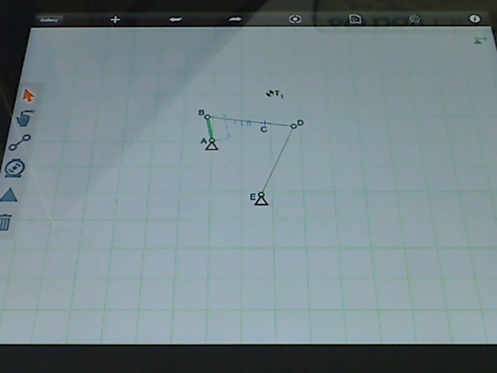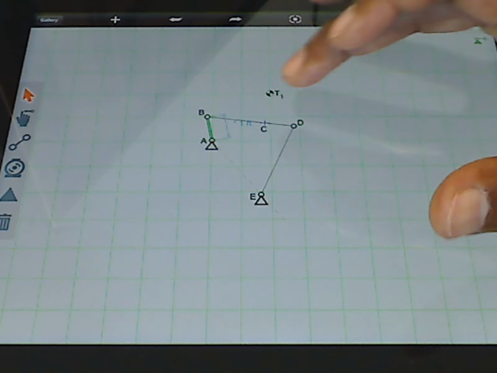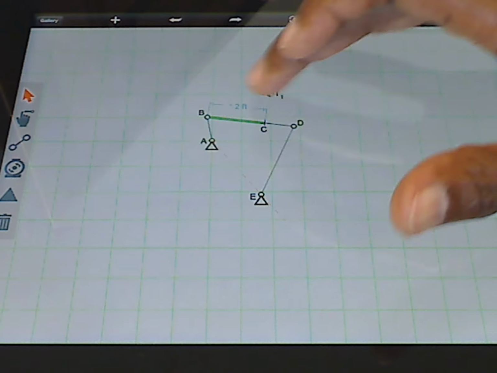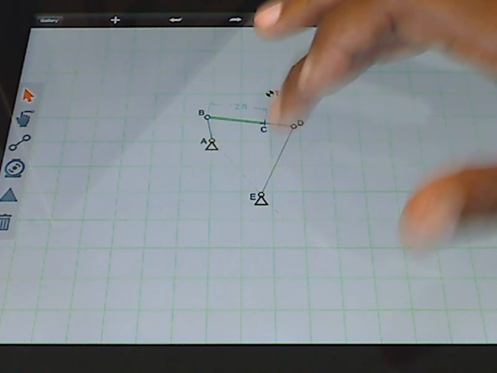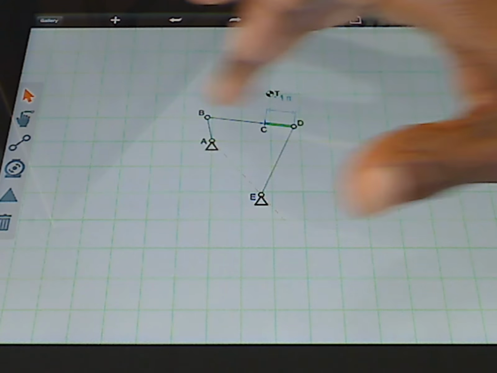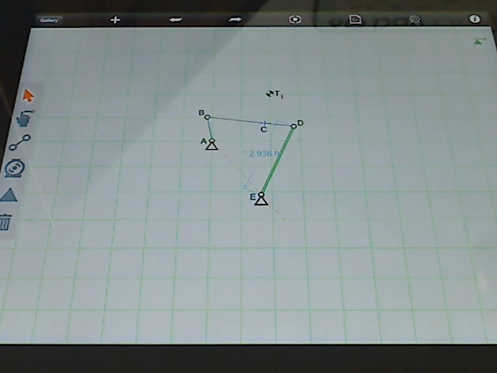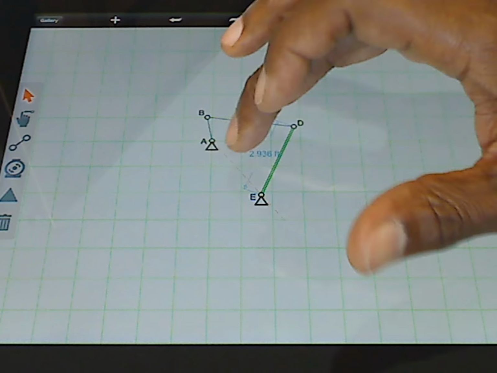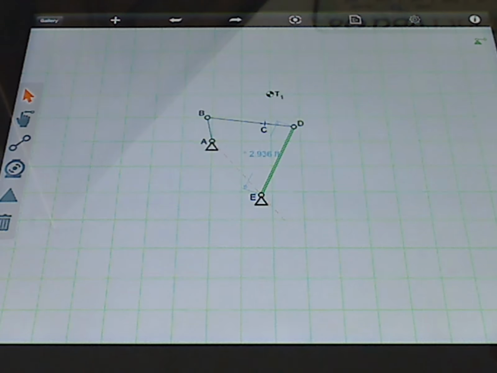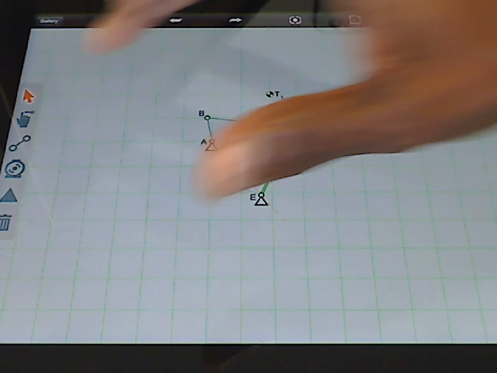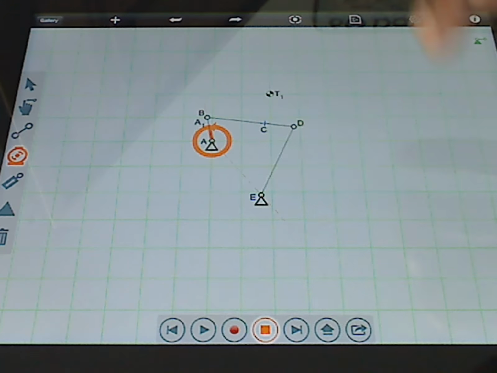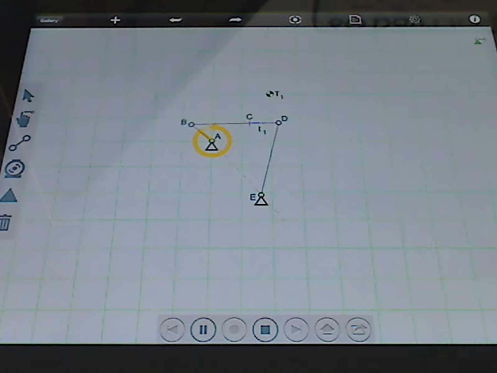So our crank has a length of 1. I decided just to leave it as 1, even though we know we can scale it. We can make it anything we want. And then we have 2 there before our coupler point C, 1 after. So we have a 3-unit long coupler and about a 3-unit long rocker. And our ground position is 2 units long. And so now if we put a motor here on our crank, we can watch this move.